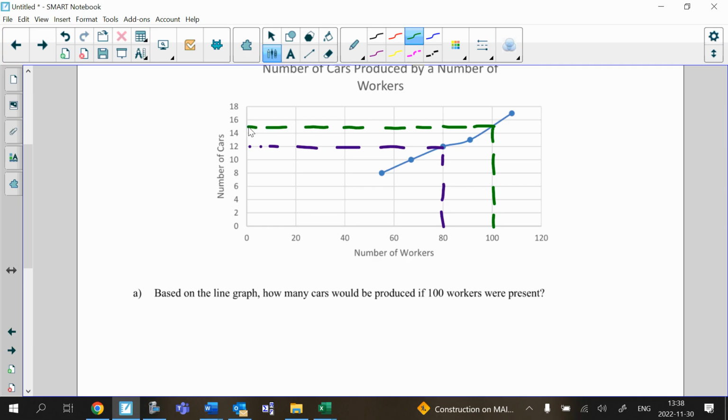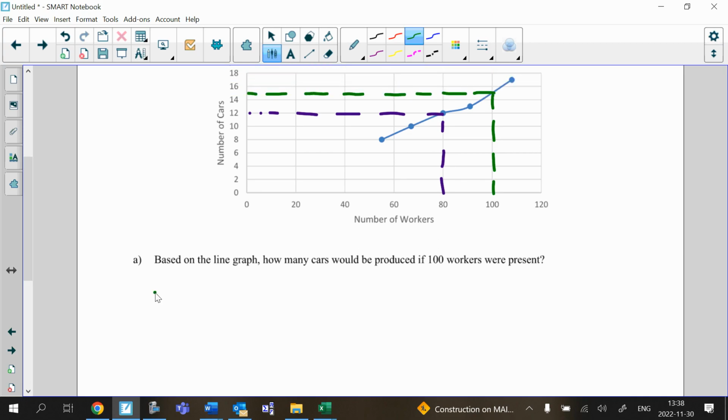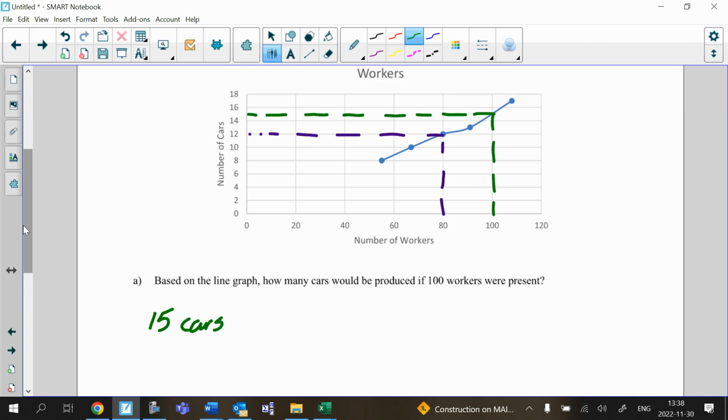When you are asked to find something within the graph that you're given, that is called interpolation. Okay, so if I said 60 workers, about how many cars? Well, that's interpolation because it's within the graph. But if I asked you 120 workers, that's outside the graph.